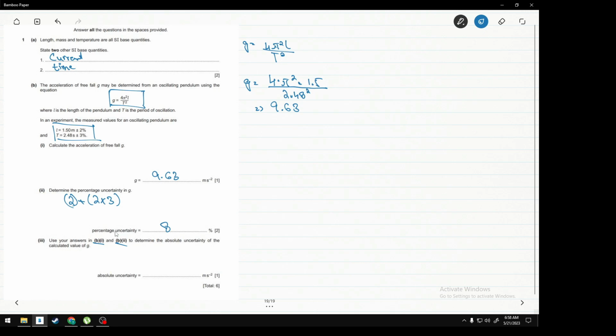Basically, our formula for absolute uncertainty is 8 divided by 100, the percentage uncertainty divided by 100, multiplied by the value, which was 9.63. So the absolute uncertainty comes down to, oh, wait a second.